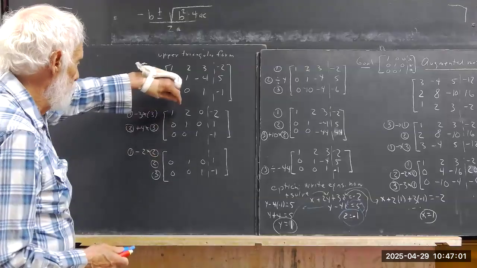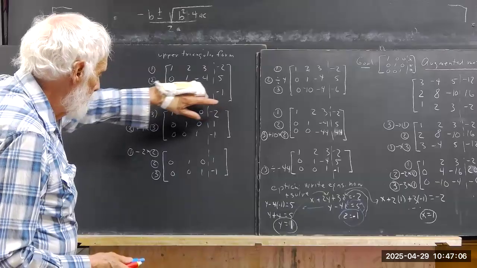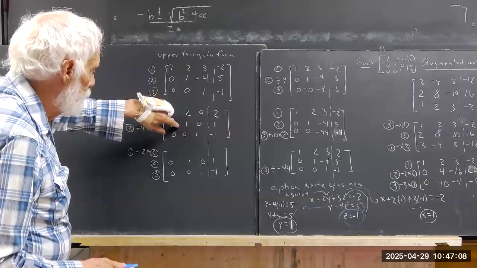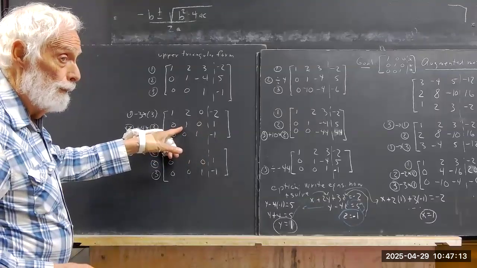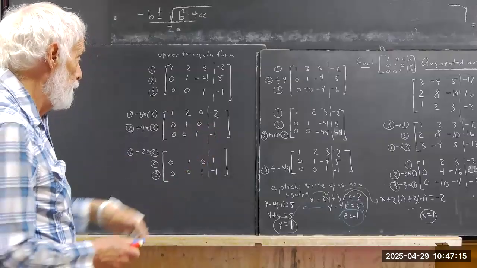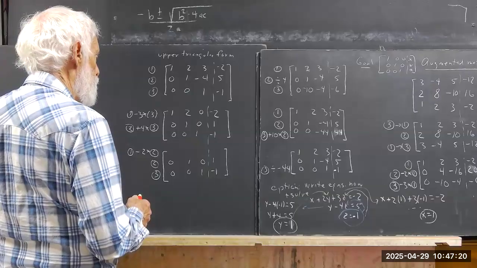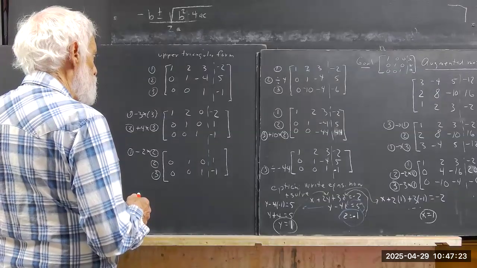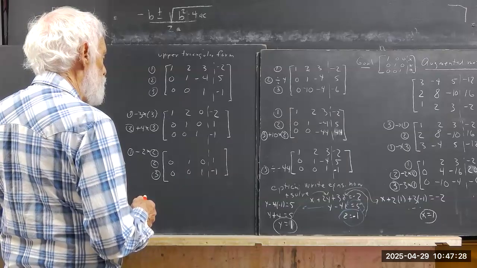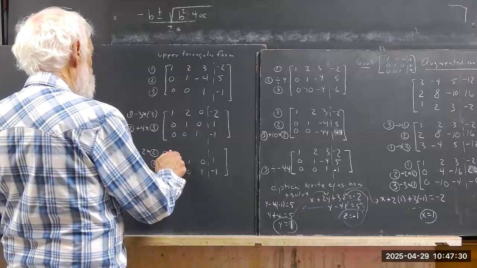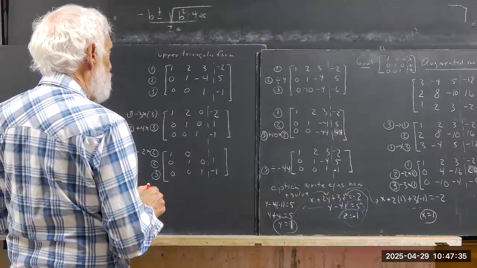Now, take equation 1, or take row 1, and take -2 times row 2. -2 times row 2 will give us a -2 here, and a -2 here. There'll be a 1 and a 0.